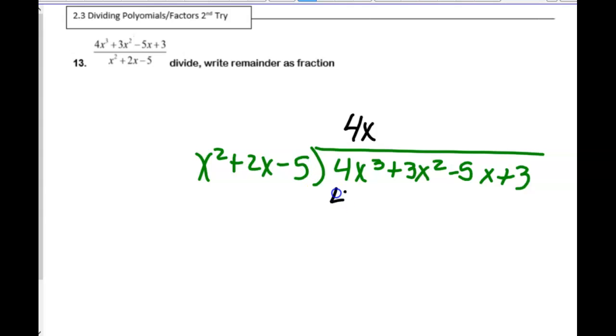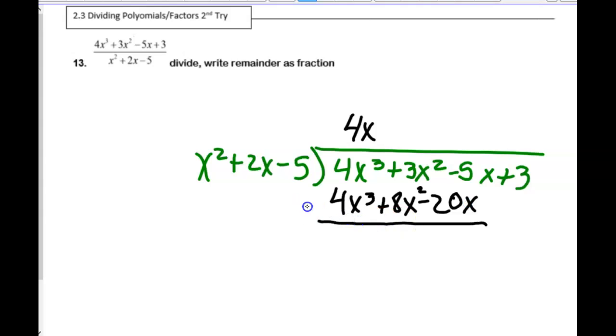Distribute it to all that. Okay, feel free to use a colored pencil or something to change all your signs and add. Because that's where I make a mistake otherwise.